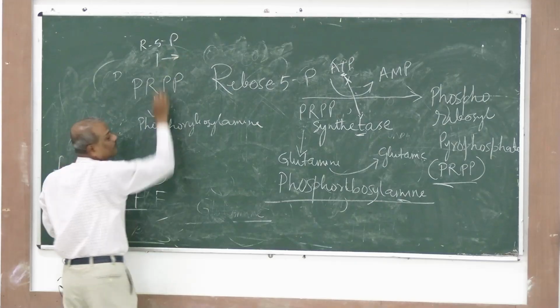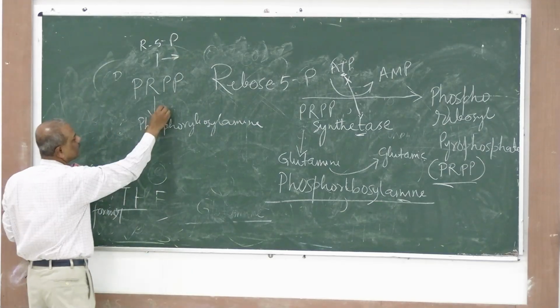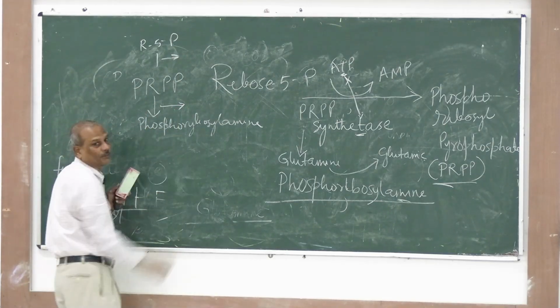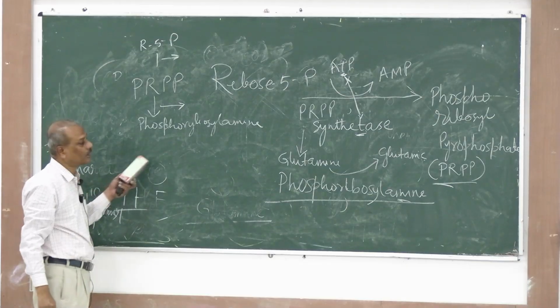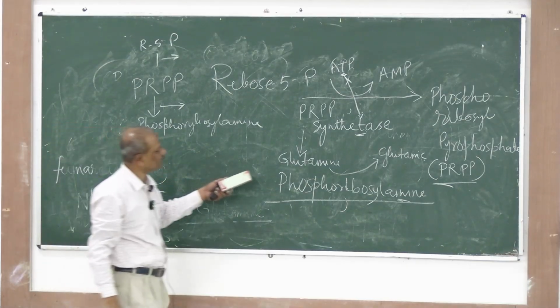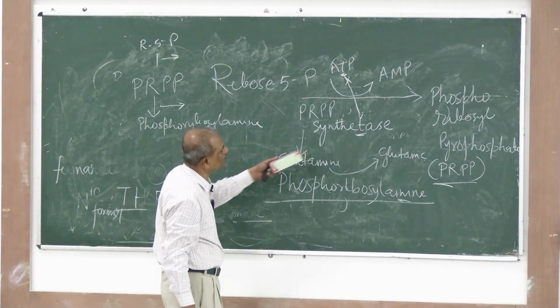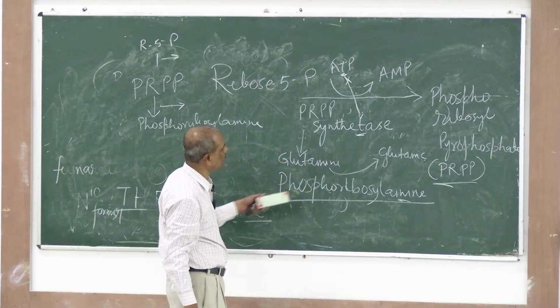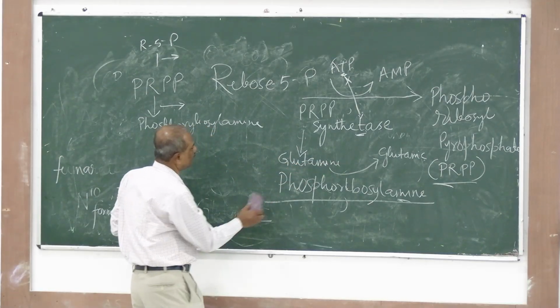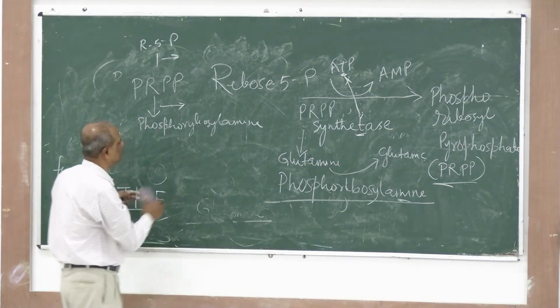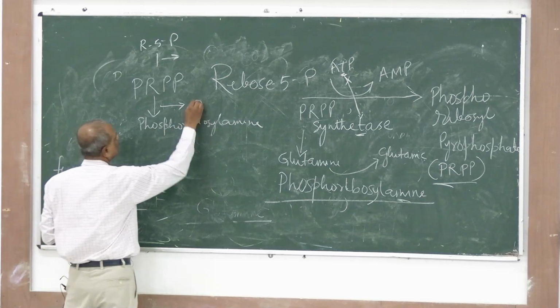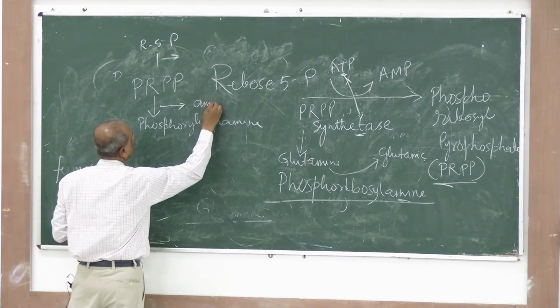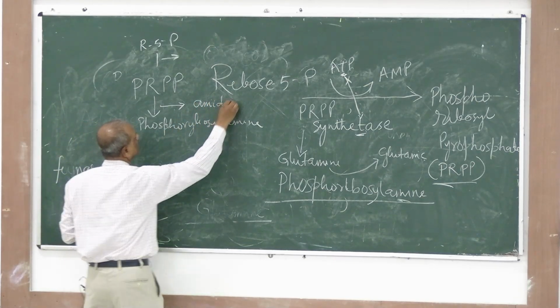This is synthesized by PRPP synthetase, and this is by phosphoribosyl pyrophosphate amidotransferase. So these are the two enzymes which you must remember.